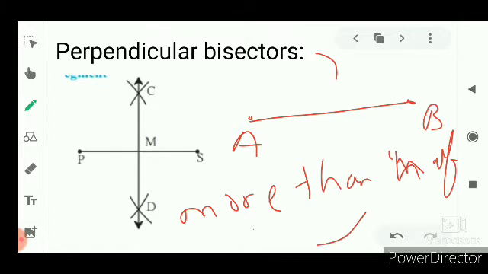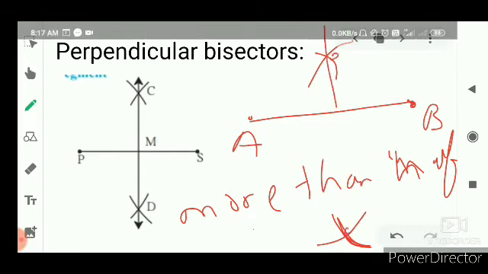After that we will take the fixed end of the compass on this point B and make one arc above and one arc below, cutting the previous arcs. Clear? What we have done: first we took the fixed end at the point A and made one arc above and one arc below. Then we took the fixed end of the compass at the point B and made one arc above and one arc below. Now we will join these 2 points.